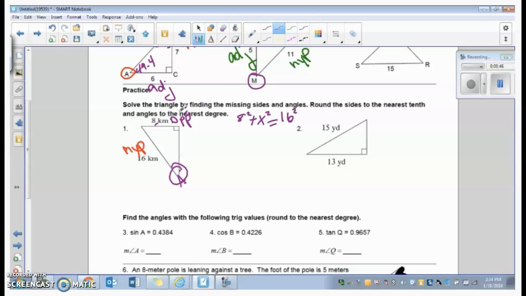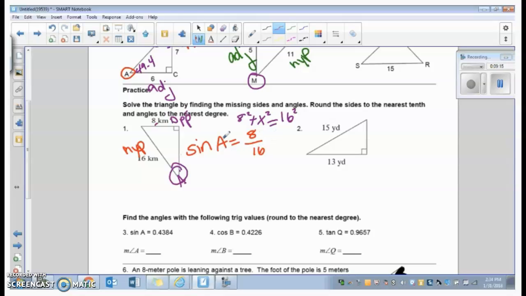It really doesn't matter which angle you start with. You could start with the angle on the upper left if you prefer, but we're just going to start at the bottom. That's totally fine. So we have opposite over hypotenuse, so that's the sine. We're going to do sine of A equals 8 over 16.